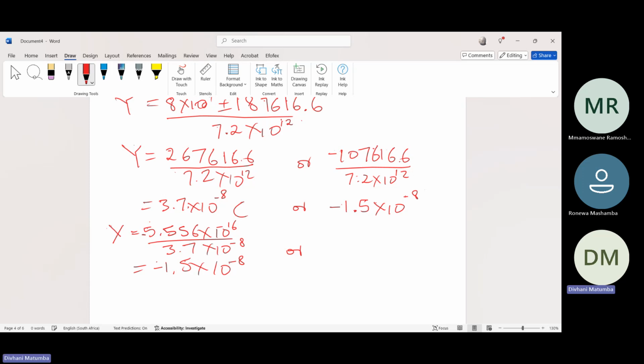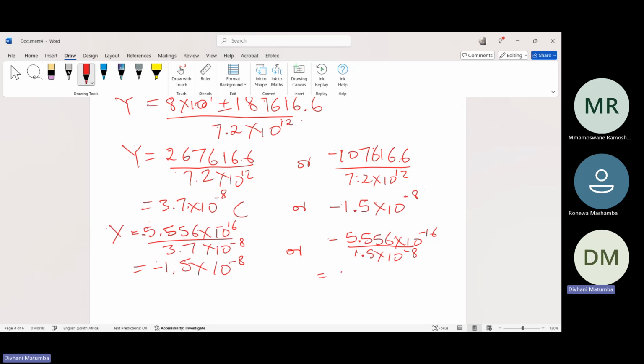Or I'll do the same with this one, 5.556 times 10 to the power of minus 16 divided by 1.5 times 10 to the power of minus 8.